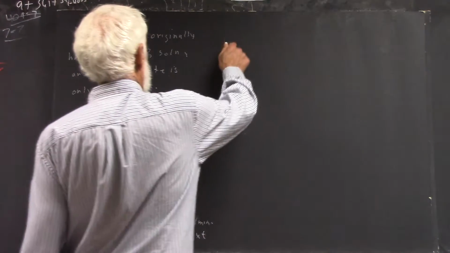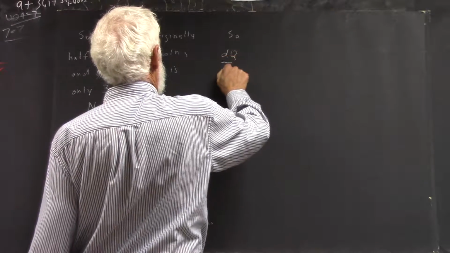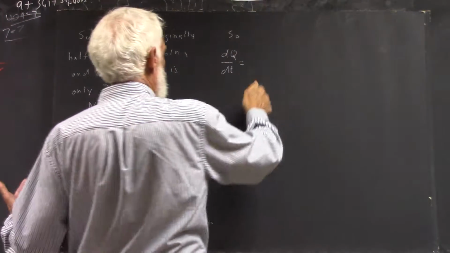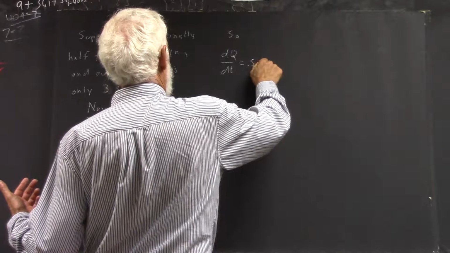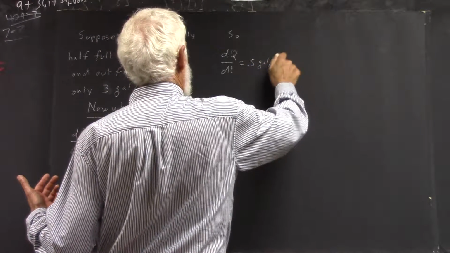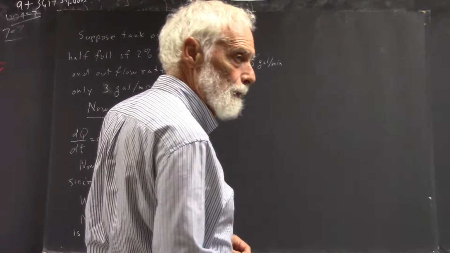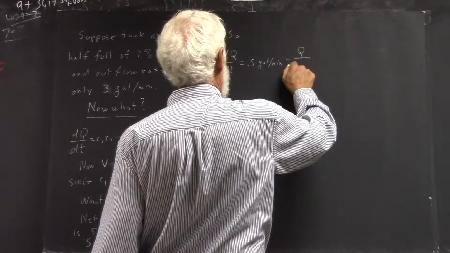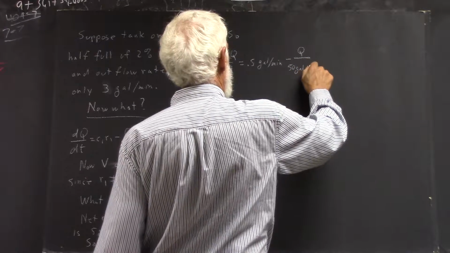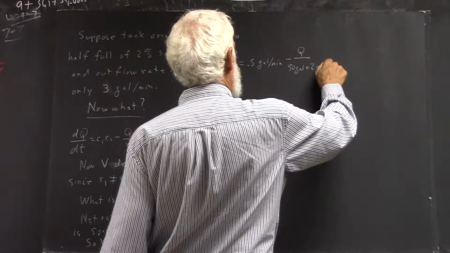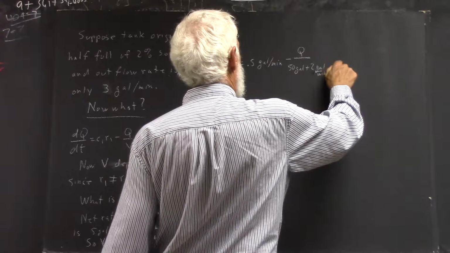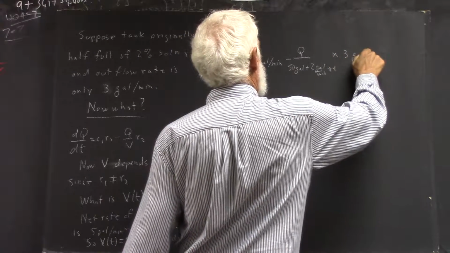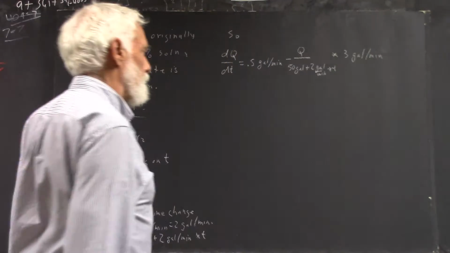So the equation becomes, and I'm writing the units, but we'll suppress the units in a minute when we double check them, okay? 5 gallons per minute minus Q over this, right?